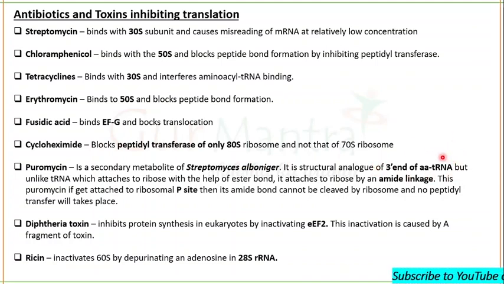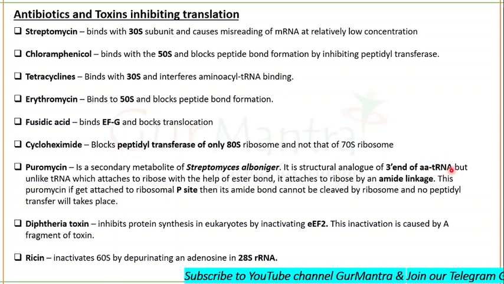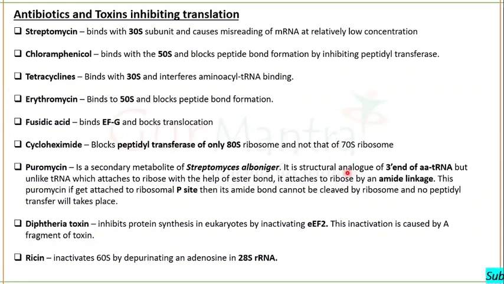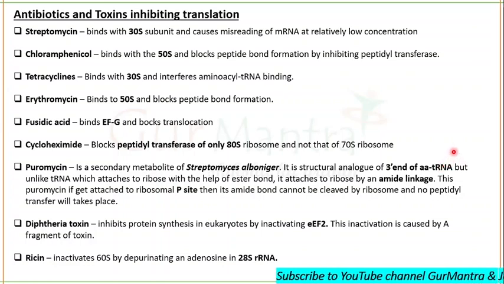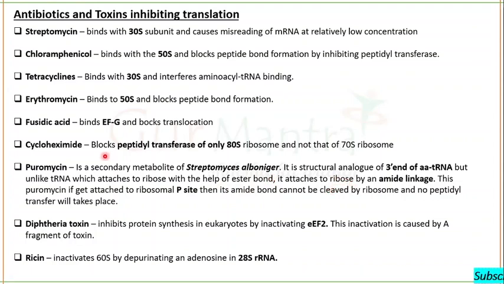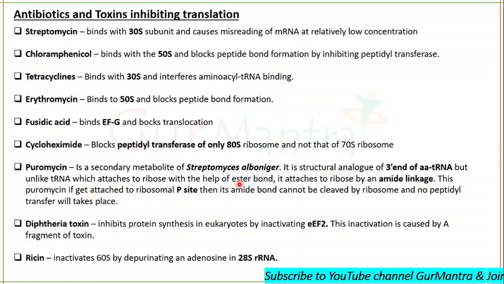But there is a difference between puromycin and the 3' end of aminoacyl tRNA. The 3' end of aminoacyl tRNA attaches with the help of an ester bond, while puromycin attaches by an amide linkage.